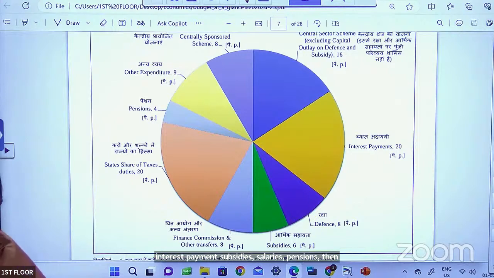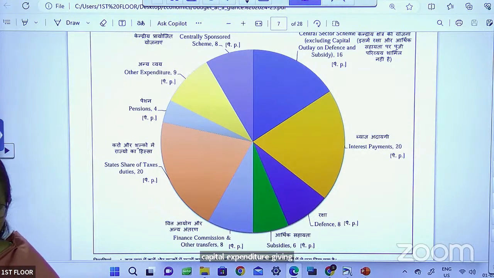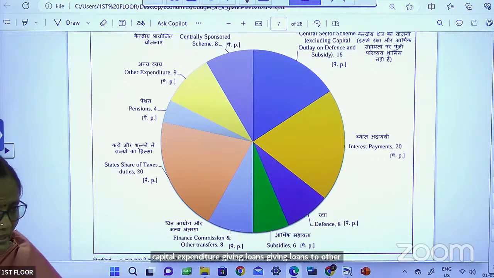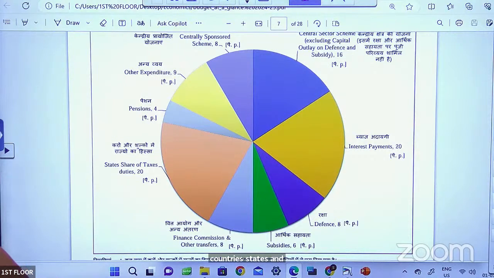Coming to the capital expenditure, you tell me some of the expenses. Capital expenditure. Giving loans to other countries, states and union territories, to public sector enterprises.